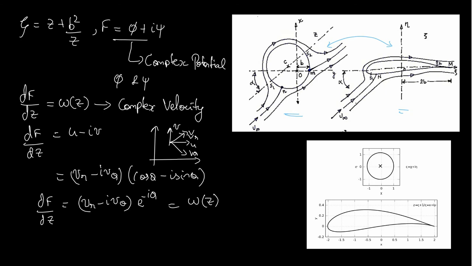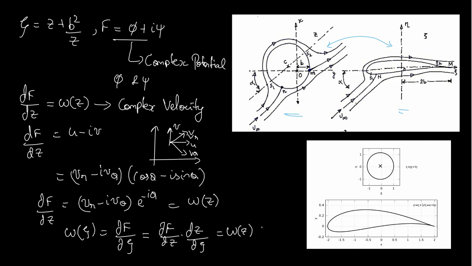And suppose I need to calculate the complex velocity in the zeta plane. I can write it as W of zeta equals dF by d zeta, which I can write as dF by dz times dz by d zeta. So this is nothing but W of z times dz by d zeta. I'm trying to relate the complex velocities in both the planes.